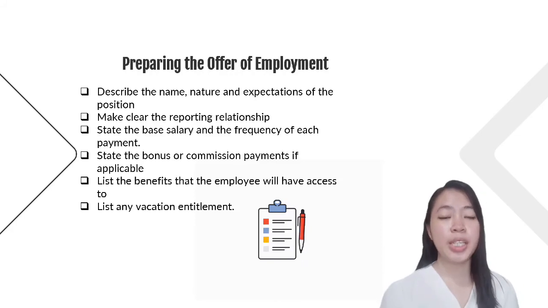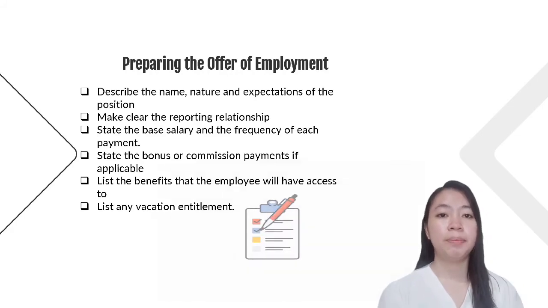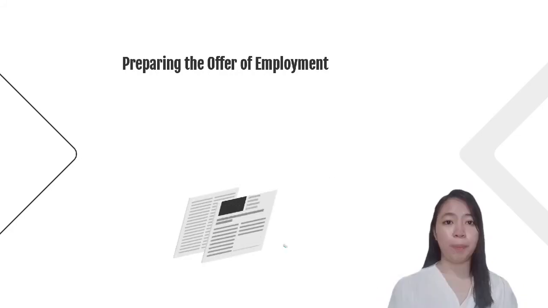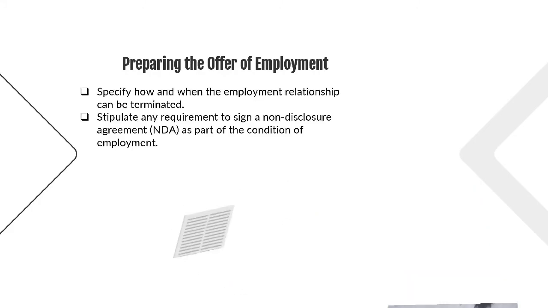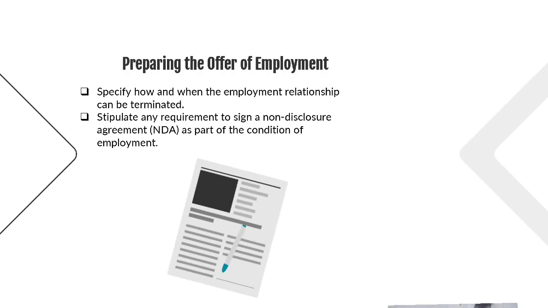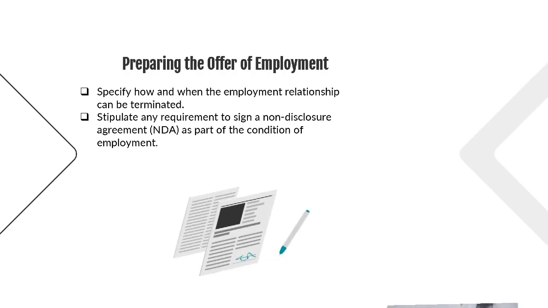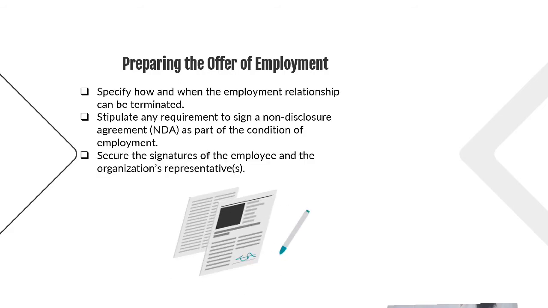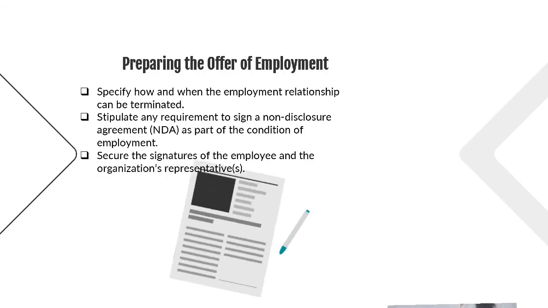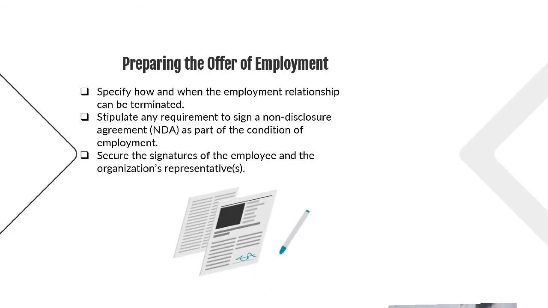List any vacation entitlement. Specify how and when the employment relationship can be terminated. Stipulate any requirements to sign a non-disclosure agreement or NDA as part of the condition of employment. Secure the signatures of the employee and the organization's representatives.